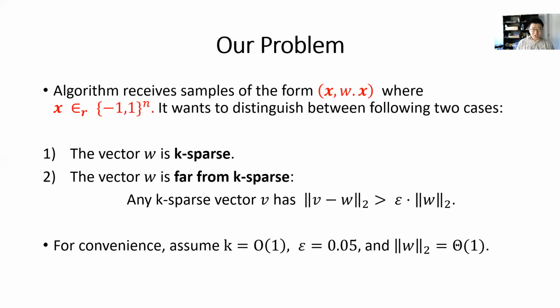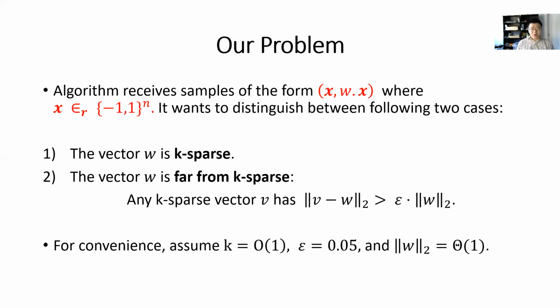A few clarifications. In our problem, we always assume the hidden vector w is in these two cases, and the output is just the first case or the second case. I want to stress that our goal is not to learn w, but to distinguish between these two cases.